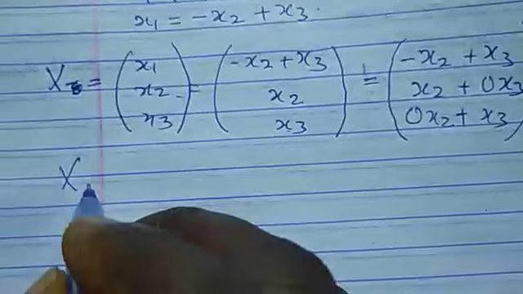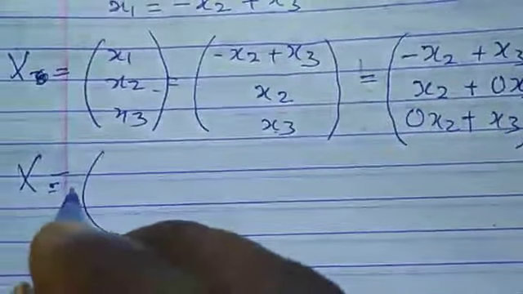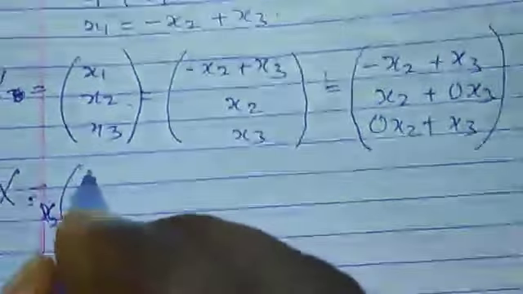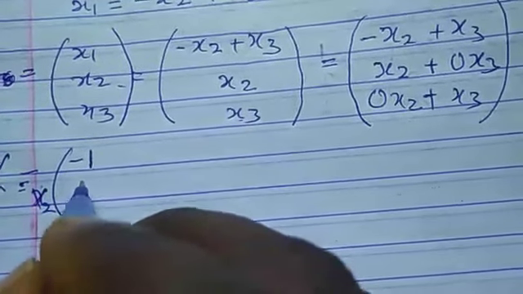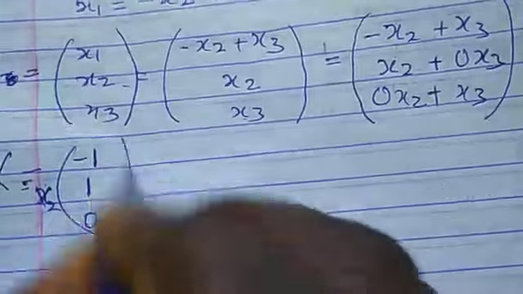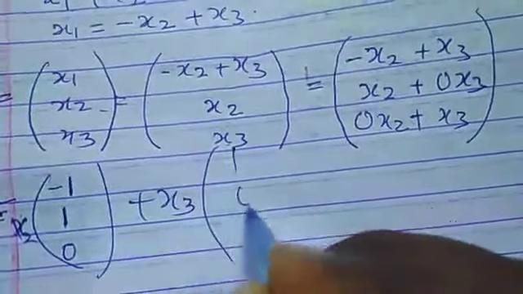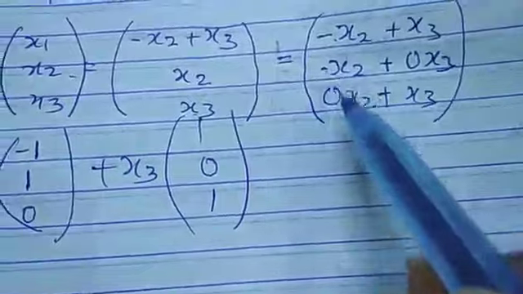In that case, the eigenvector will be equal to s2 times (minus 1, 1, 0) plus s3 times (1, 0, 1). As you can see, this is minus 1, 1, 0.